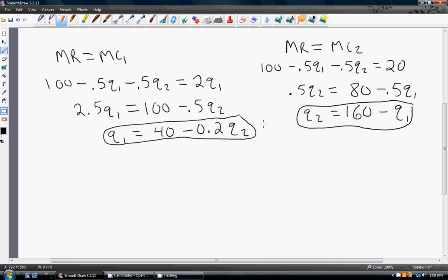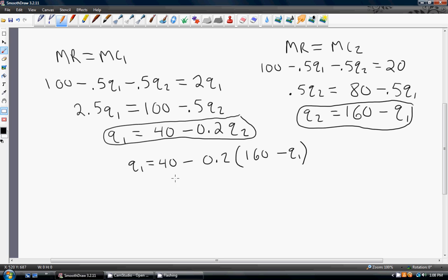We've got two equations and two unknowns. The easiest way to solve this is just to substitute one equation into the other. What you see me doing here is putting this 160 minus Q subscript 1 back into this Q subscript 1 equation.